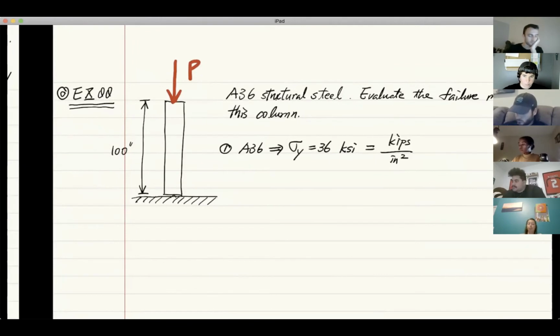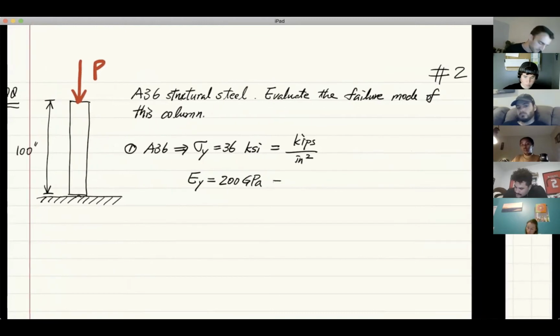Now for the 36 KSI yield stress, the Young's modulus for this kind of steel is 200 GPa. And GPa means gigapascal, and giga means 10 to the power of 9. So that means this is 200 times 10 to the 9 Pascal.